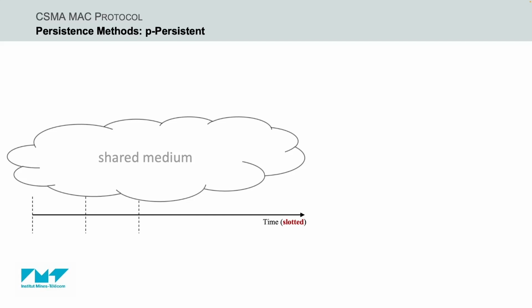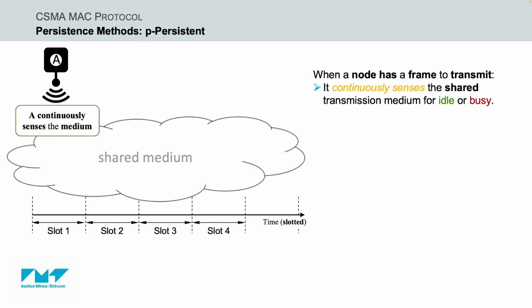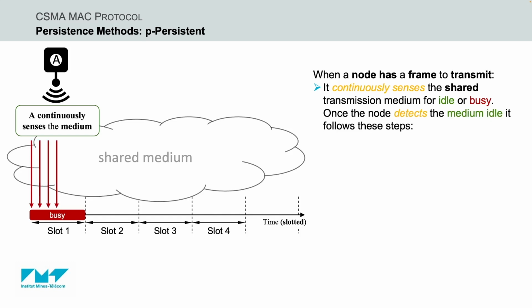The p-persistent method is employed if the continuous time of the shared channel is divided into discrete time intervals called slots. Each slot duration is equal to or greater than the maximum propagation time. Under the p-persistent method, when the transmitting node has a frame to transmit, like one persistent, it continuously senses the shared transmission medium for idle or busy state. In this method, once the node detects the shared medium idle, it continues with the following steps.